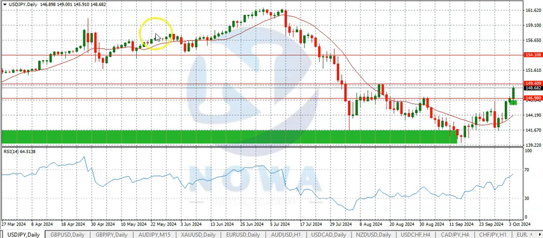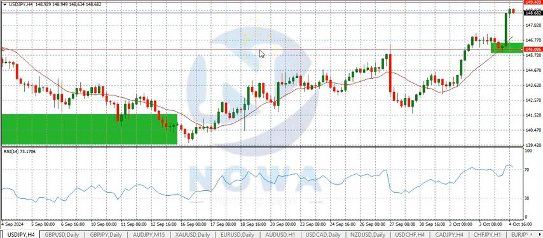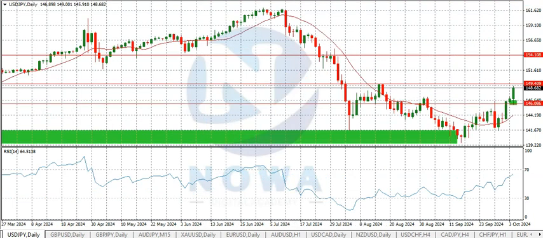So for those who like figures, which is not bad, we expect the market to sell to 146. Then around that region, we'll look forward to a bullish reversal candlestick pattern, and the market should buy up to 154.